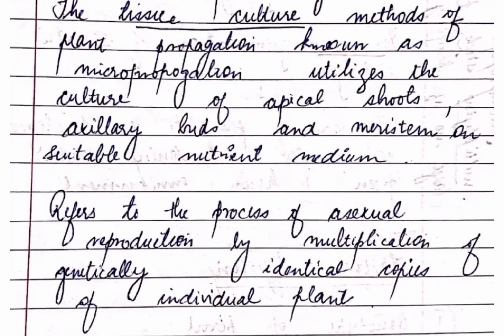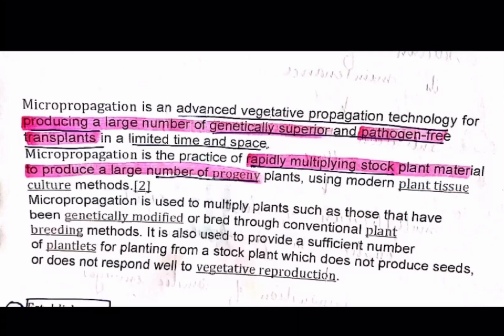It is a process which helps to multiply plants that have been genetically modified or bred through conventional plant breeding methods. And it is rapidly used to increase or multiply the stock plant material to produce a large number of progeny plants.